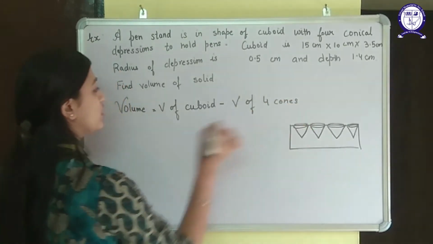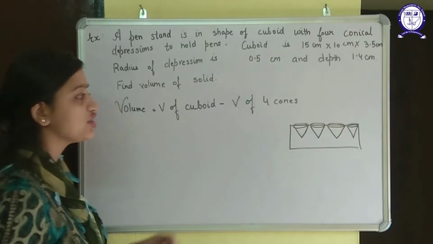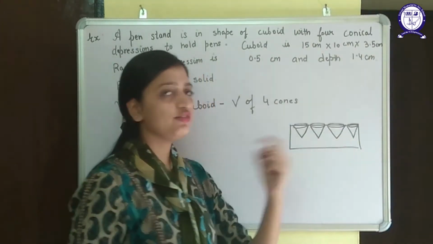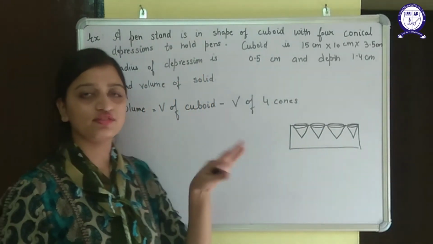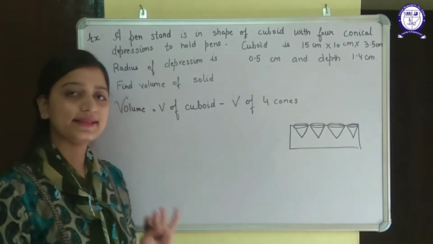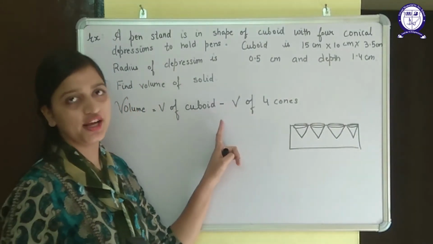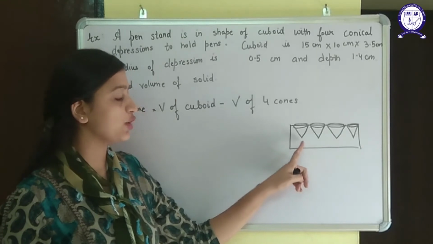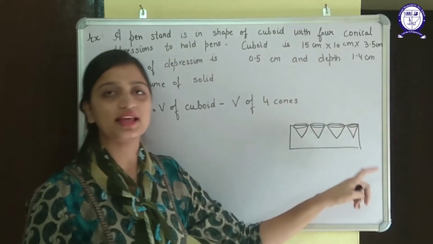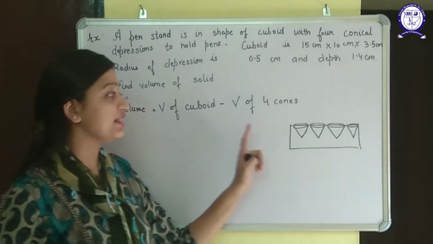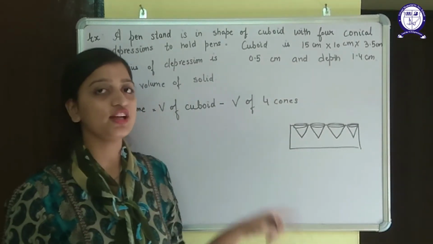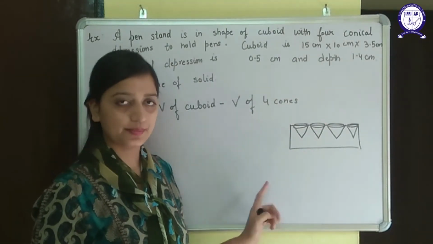Okay. So this is the question in which the other figure is inside of the larger figure. So it is the case of the subtraction. If the conical shapes were made on the outer part, then it will be added. But in this question, it is inside of it. So volume will be subtracted.